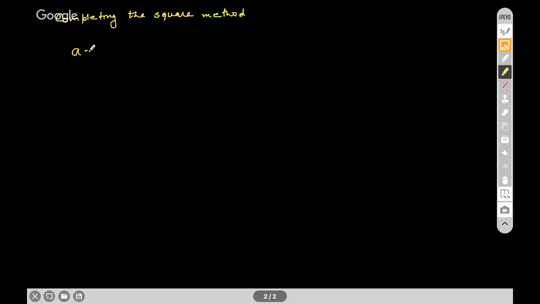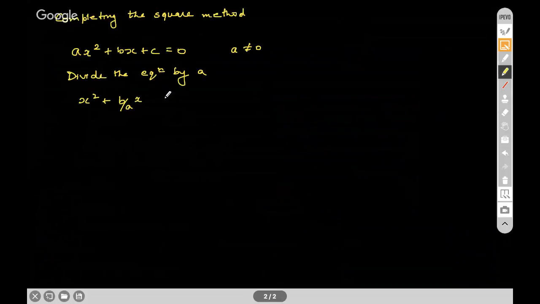Let us say the equation was ax square plus bx plus c equals 0, where a clearly is not equal to 0. Now what we can do is divide the equation by a. So what will you get? You will get x square plus b upon a x plus c upon a equals 0, isn't it?